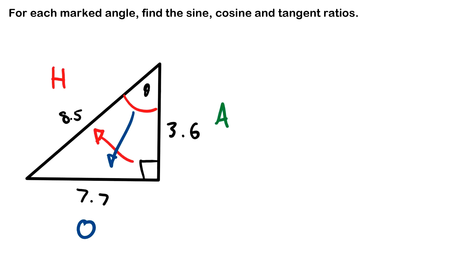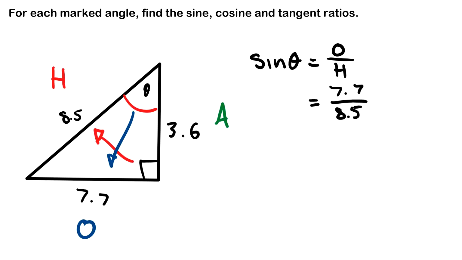So if we're doing our sine, remember sine theta is opposite over hypotenuse. In this case, what was our opposite? Our opposite was 7.7. At this point, we're just substituting in. Hypotenuse was 8.5. We then can do cos theta, which was adjacent over hypotenuse, because CAH.